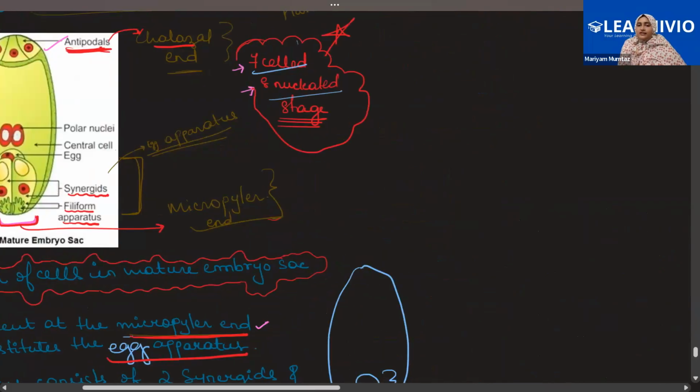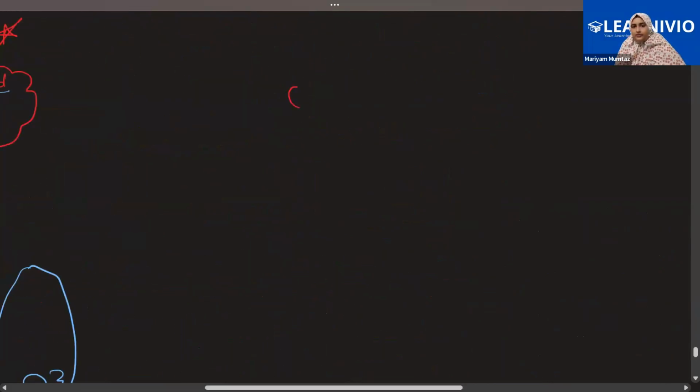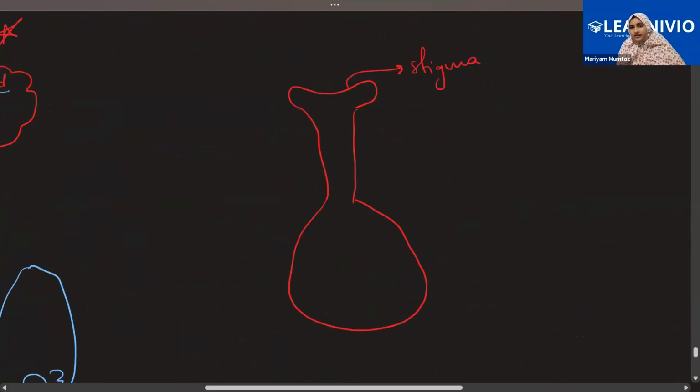Now, like I told you, tell me what are the three parts of the pistil? Stigma, style, ovary. Very good. This part is the stigma, this part is the style, and the basal bulgy part is the ovary. Now like I told you, the dehiscence of the anther takes place, so the pollen grains are released into the atmosphere.